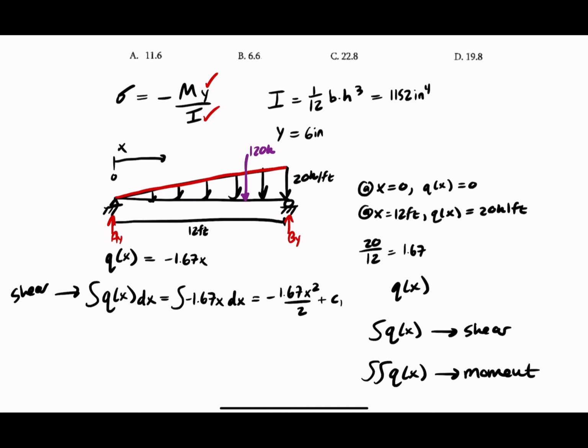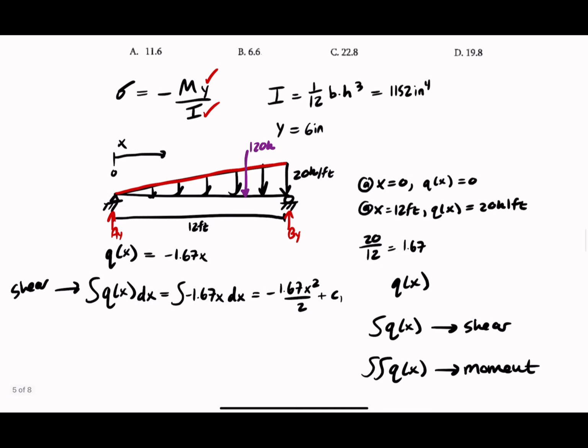Now, if we take the moment about A, we get this negative 120 wanting to rotate this way about point A. So we get negative 120 times this distance.